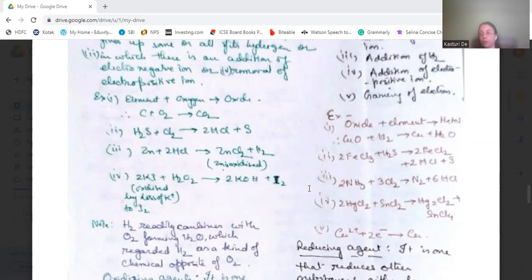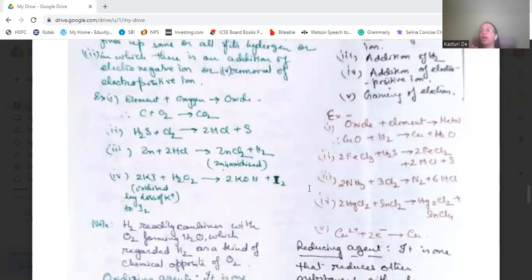There's a reduction reaction. Then ferric chloride, FeCl3, combines with H2S. Okay, what happens here? One electronegative ion is being removed. FeCl3 had 3 chloride ions, and the compound formed is FeCl2. So there is one chlorine ion less.